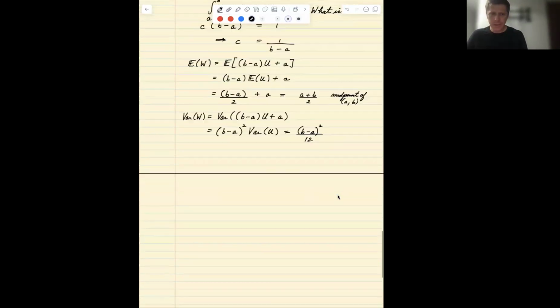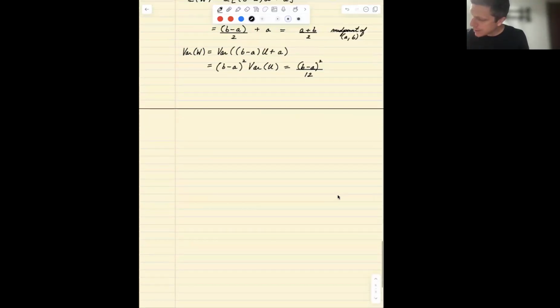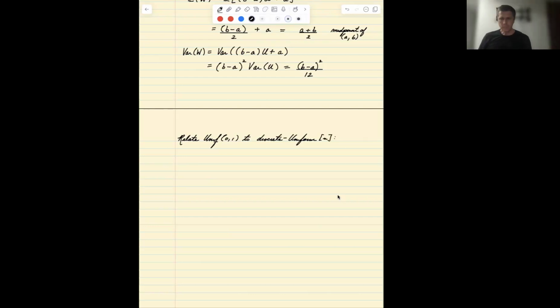Okay. So now let's develop a bit more intuition. Let's relate uniform 0, 1 to the discrete uniform on n. What is the discrete uniform on n?